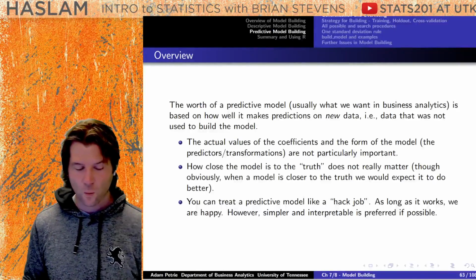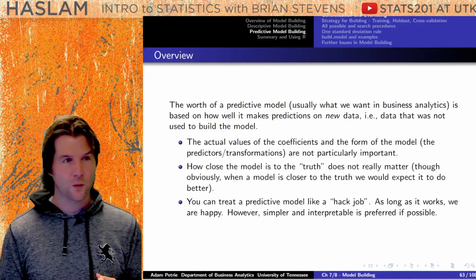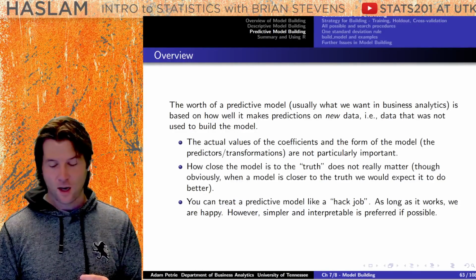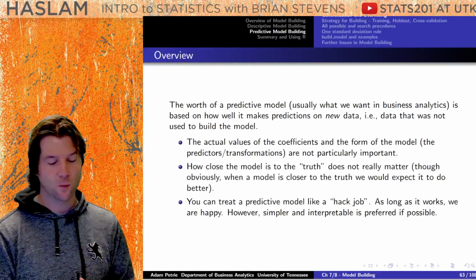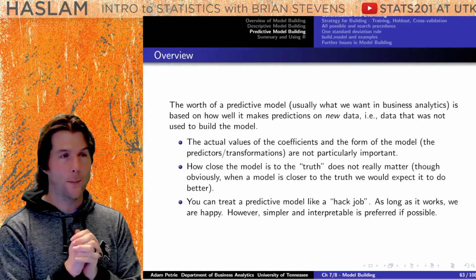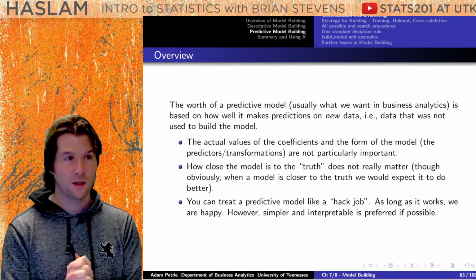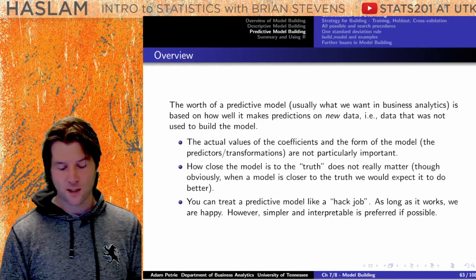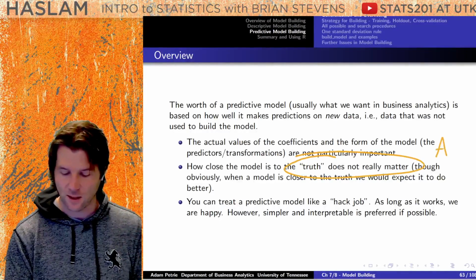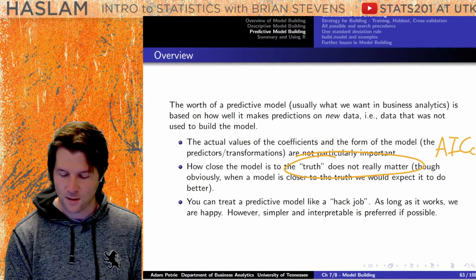So when we are doing this, we are going to look specifically at how well we make these predictions. How close the model is to the truth is something more we do in descriptive modeling. We still kind of want that, but the predictions are the main objective in predictive modeling. Remember from last week, how close a model is to the truth won't really matter here, and this is something like AIC or AICc.